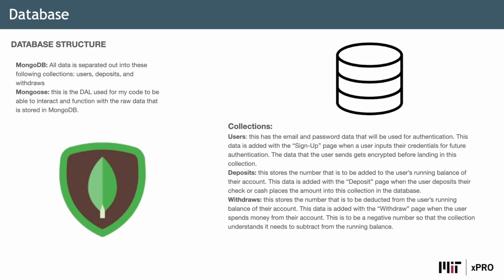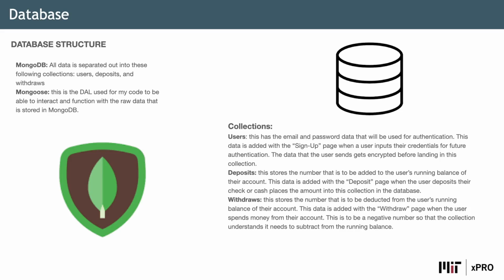Let's go over the users collection. This has the email and password data that will be used for authentication. This data is added in through the sign up page when a user inputs their credentials for future authentication.